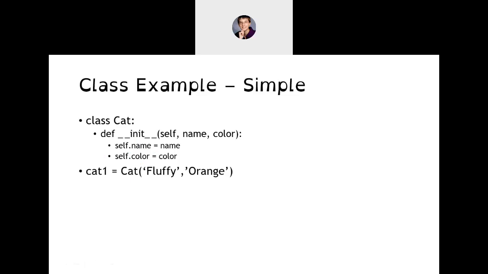Then I can initialize and say, all right, I'm going to make a cat with this name and this color. And then I can access the attributes of that class using dot notation. I can say I want the name attribute of this instance of the cat, and it's going to return that attribute to me.